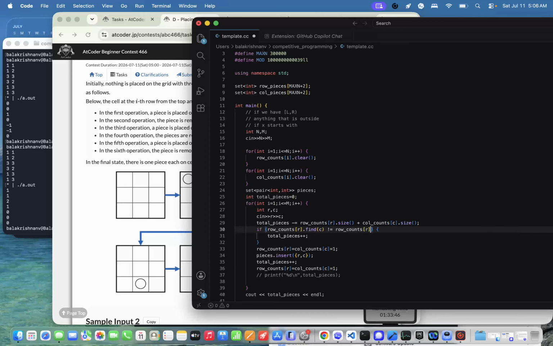Not equal to row counts of R dot end. Yeah, removing it twice.